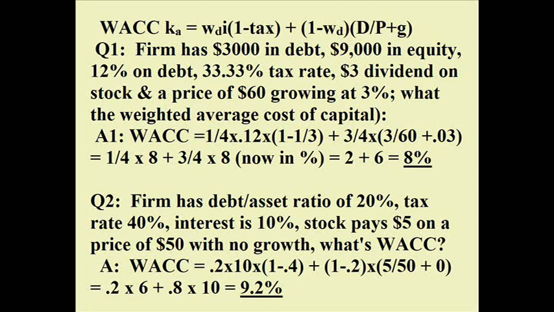Here's a second example with a variation on a theme. Here we're given the firm has a debt-asset ratio of 20%. Tax rate is 40%, interest rate is 10%, stock pays $5 on $50 with no growth.